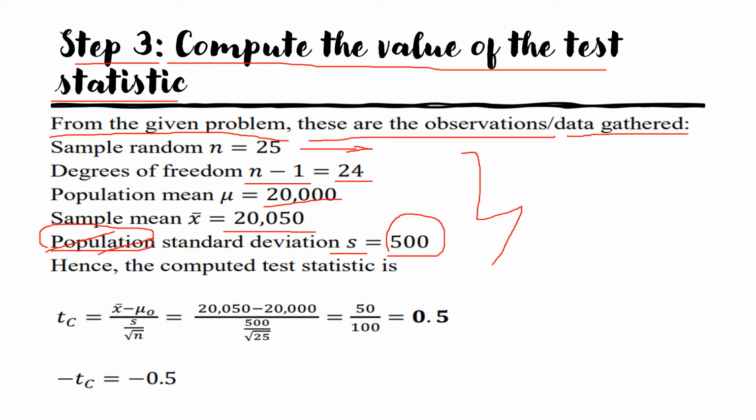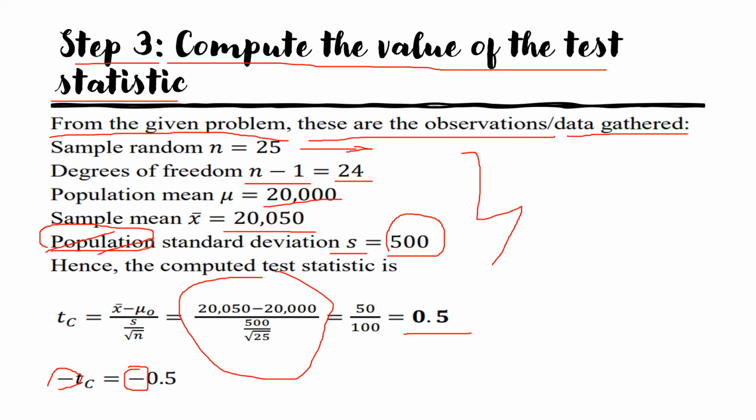So we simply substitute the given values, then as we simplify this, that will be 50 over 100, which is equal to 0.5.